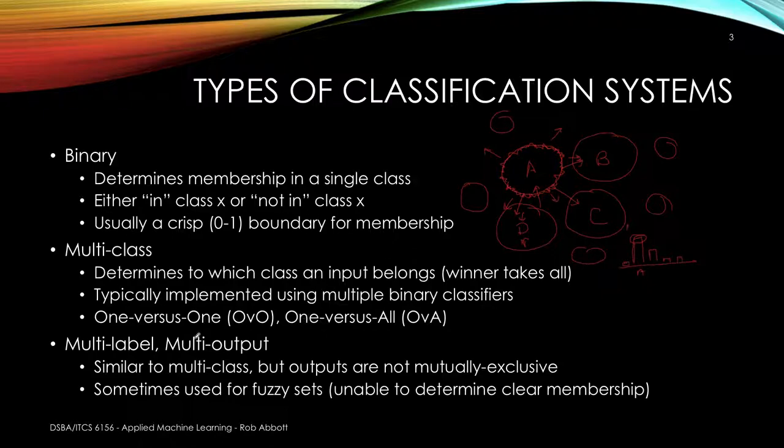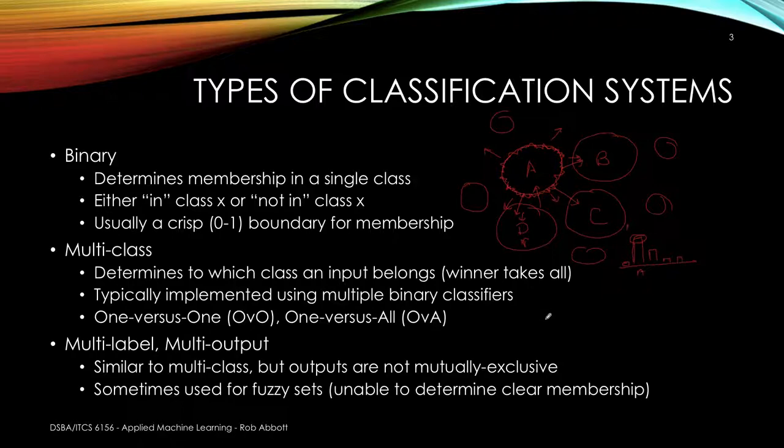So we do this using a number of different strategies. We can do this using what we refer to as a 1 versus 1 strategy or a 1 versus all strategy, and these have different pros and cons.